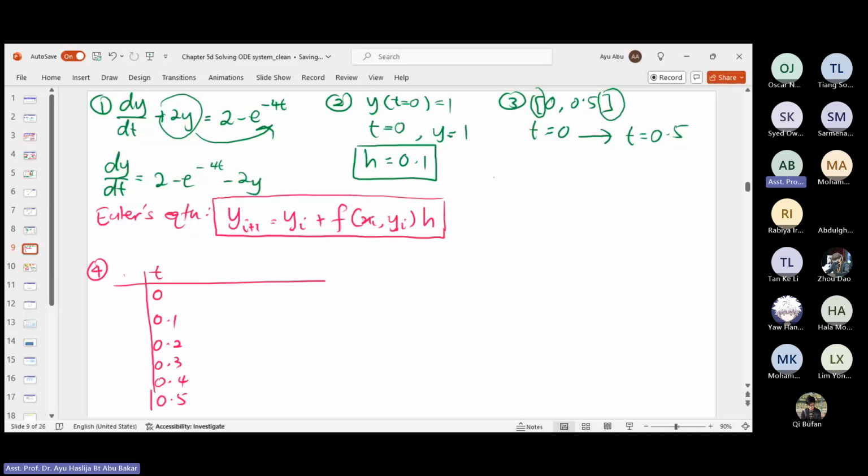Okay, so your i starting from 0. Then find your y Euler. First one, when t equals 0, y equals 1 over here. So we just put that, that is your starting point.